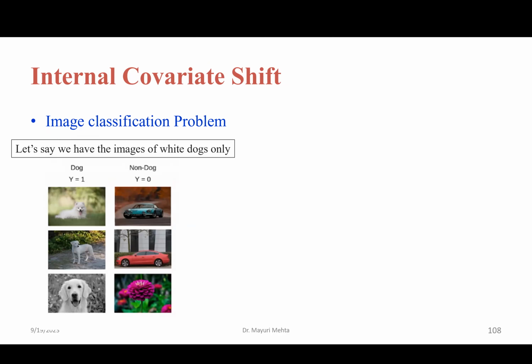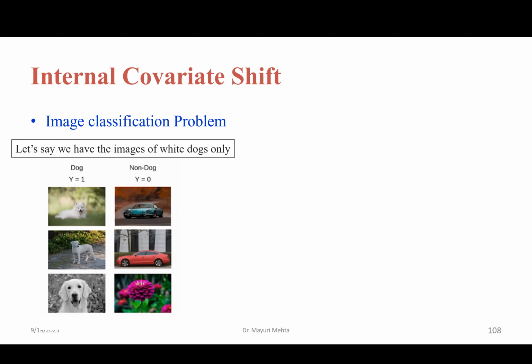That decision it has to give. Now, let us say we have only images of white dogs in our data set. These images will have a certain distribution as well, right? So using these images, the neural network will get trained and it will update its parameters.